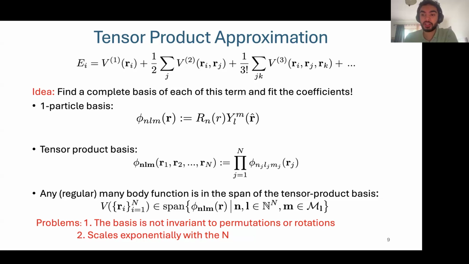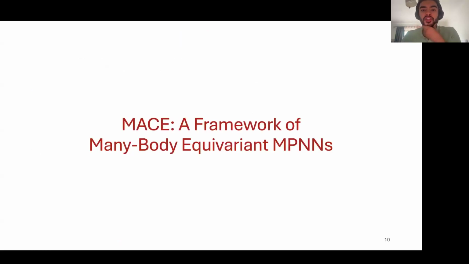And here it would just not be possible. So the whole goal basically, as I see it, of the field is to find a way to efficiently sparsify this basis. So pick only the elements that are the most useful for regressing the potential energy surface of a system. And MACE is one such specification.